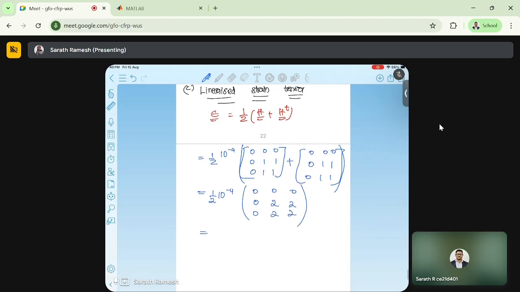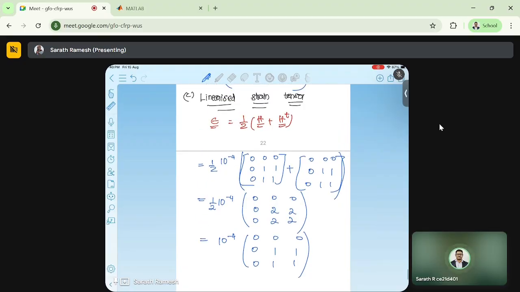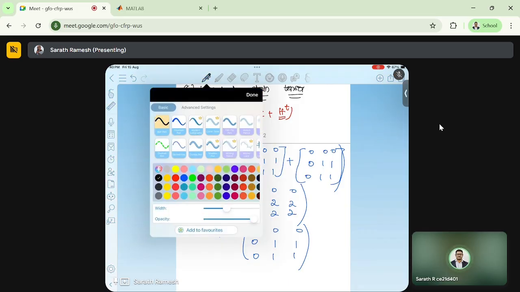So half into that gives again 10 power minus 4 times 0, 0, 0, 0, 1, 1, 0, 1, 1. So this is part C.